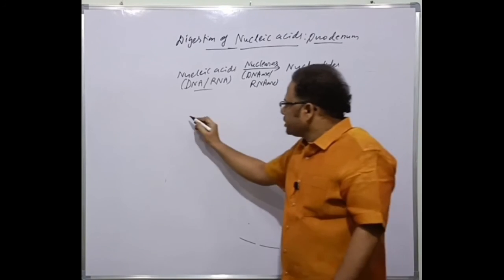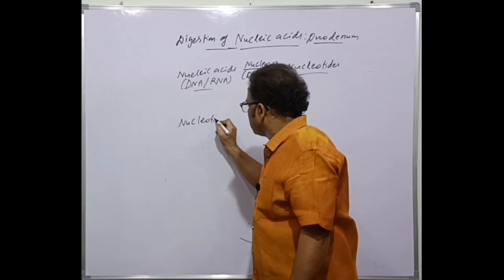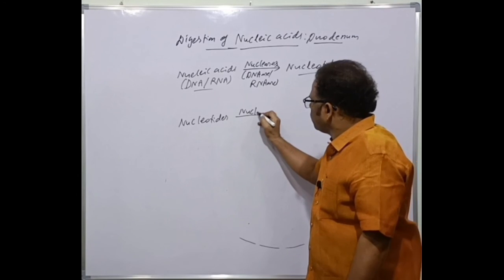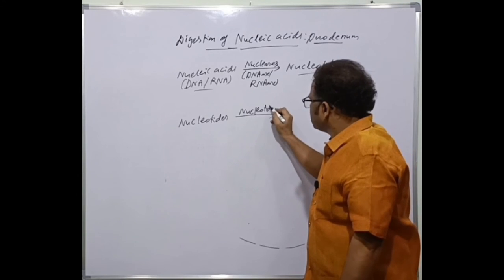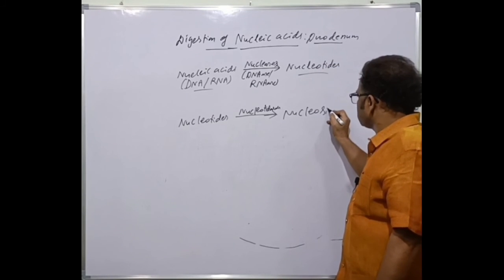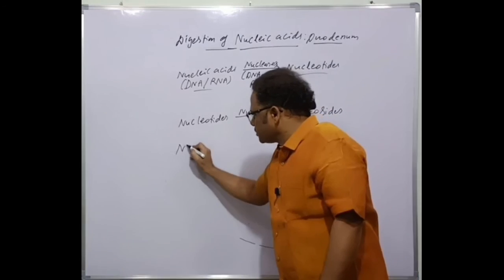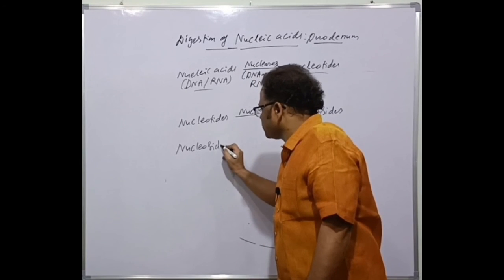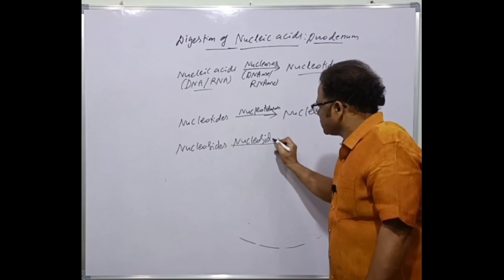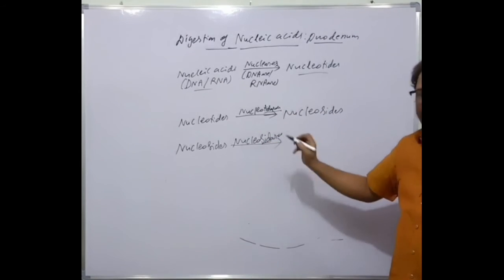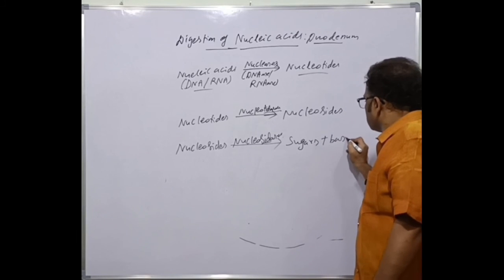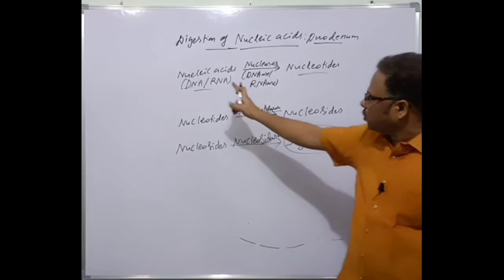Once the nucleotides are formed, they are acted upon by nucleotidases and converted into nucleosides. Once the nucleosides are formed, they are acted upon by nucleosidases, into sugars and bases. Sugars and bases are the end products of nucleic acid digestion.